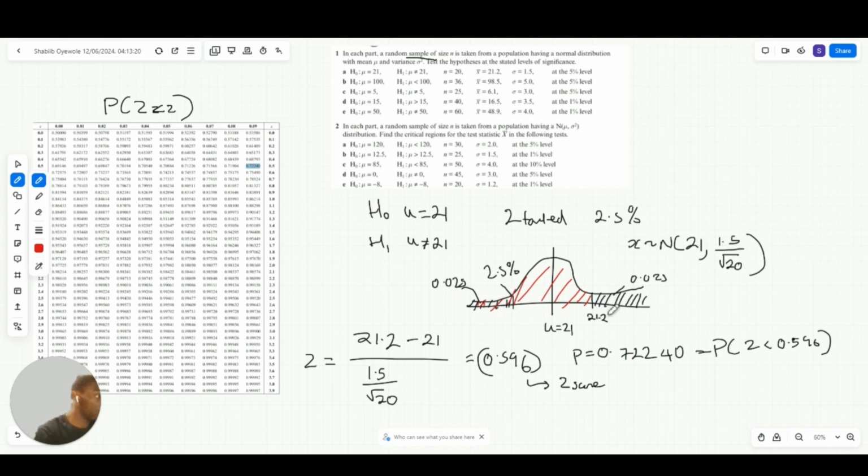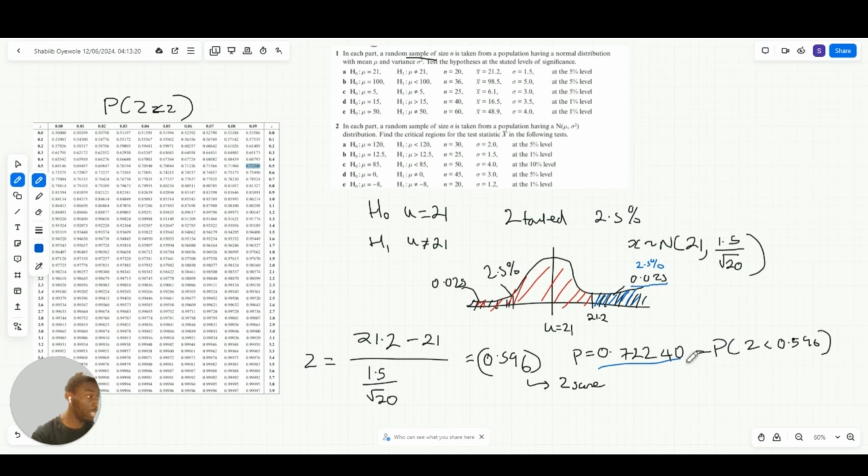But I would like to know the probability of the part that is to my right, because this is where I'm going to test against the significance level of 0.025, which is 2.5%.